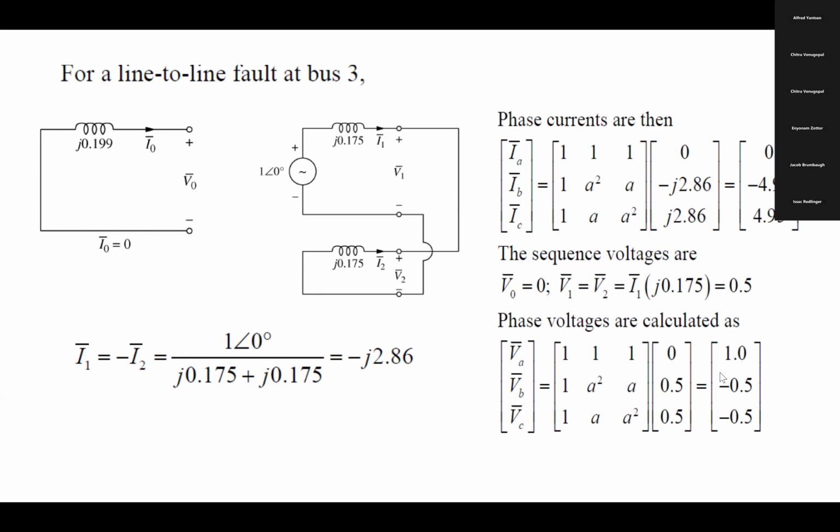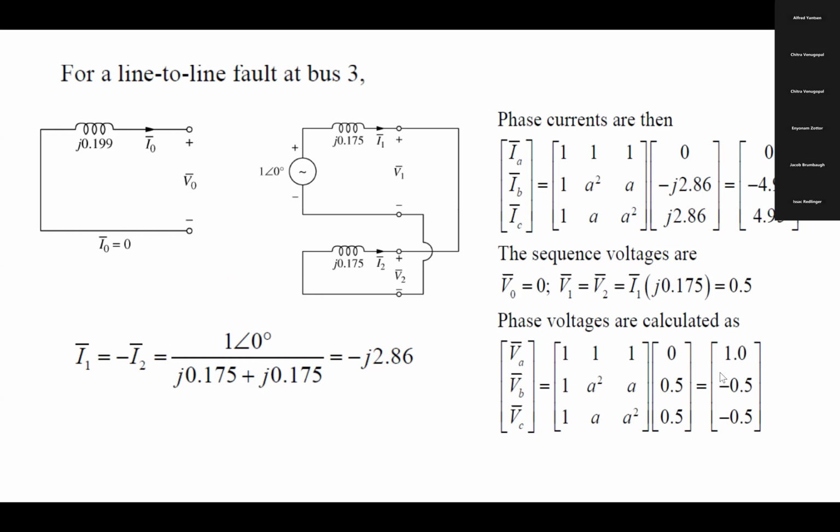This impedance and this impedance are carrying the same current, though in the opposite direction. So I1 should be the negative of I2, but the current magnitude is the same. What it means is the two impedances are connected in series, so you can solve it like a normal KVL circuit. Take the voltage source, divide by the sum of the two impedances, and you get the current.